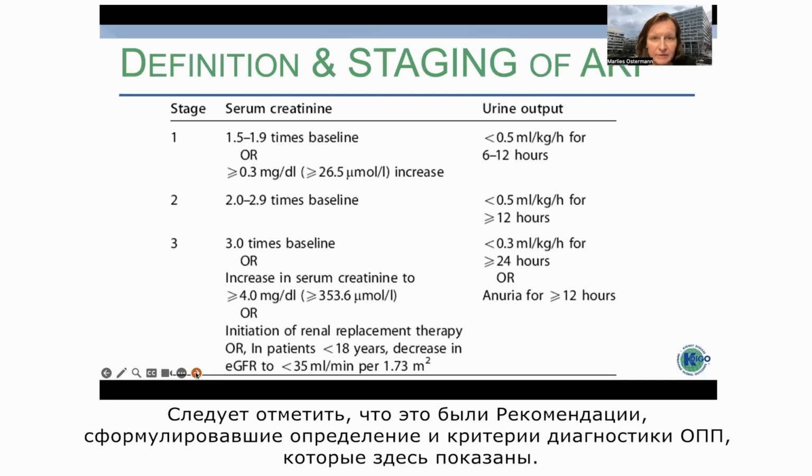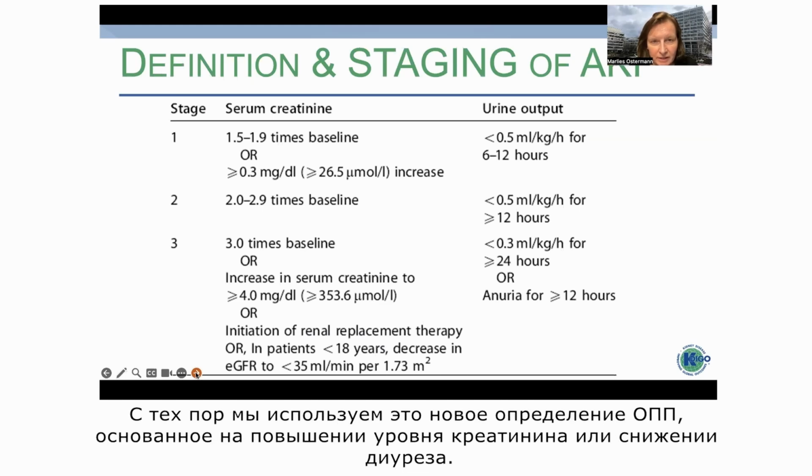Of note, this was the guideline that informed us of the definition and criteria of acute kidney injury, as shown here. Since then, we define acute kidney injury based on a rising creatinine or a fall in urine output.